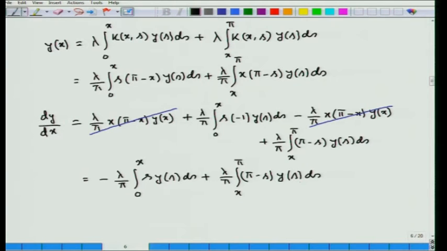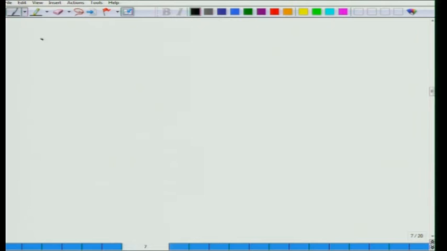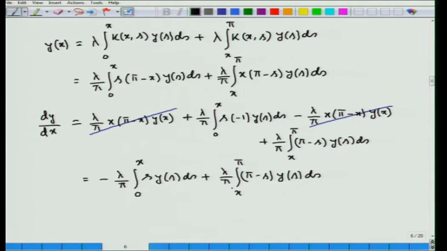On this result we are again going to differentiate with respect to x, and on the right hand side we have to use the Leibniz formula once again. So, using that formula you can find d2y/dx2 is equal to minus lambda divided by pi x y(x) minus lambda divided by pi times (pi minus x) y(x). No term with an integral sign will come up, because in both of these integrals the integrands are functions of the variable s only.